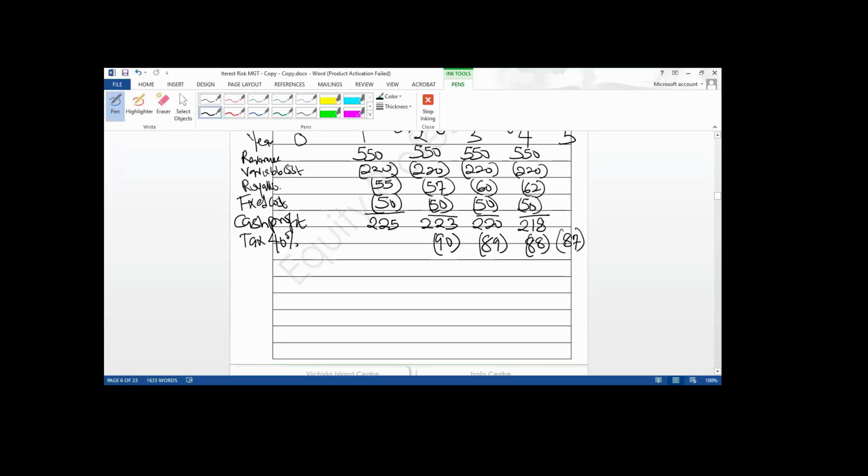Now, if you pay tax, do you have any tax claim on your capital allowance? 25%. Now let's go check.